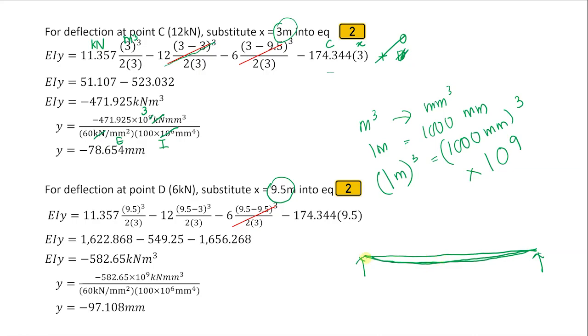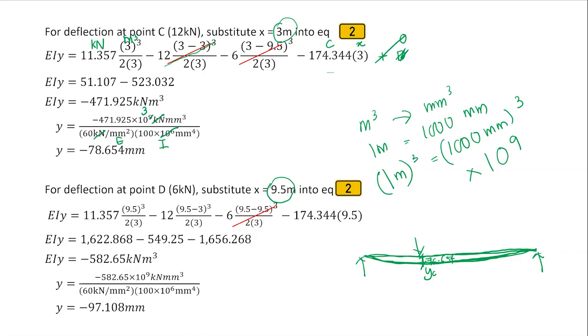Maksudnya deflection tu dekat point C. So here YC, okay, YC tu value dia adalah 76.654. Okay, so ini beam yang asal. Okay, deflection tu kat bawah ni sebab ada force dekat top ni. Jadi beam tu turun sikit 76.654 below the x-axis of the beam.